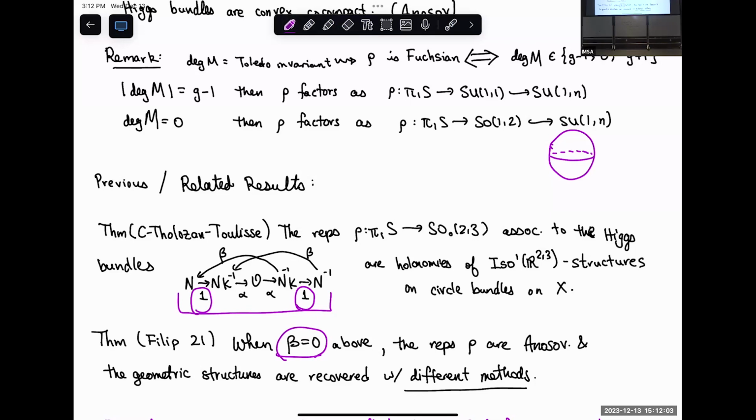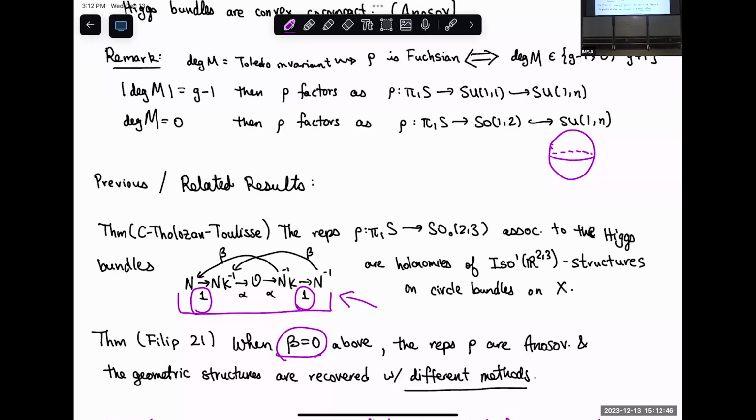So what Filip proved is that when beta equals 0 above, the representations associated to those variations of Hodge structure, those Higgs bundles, did indeed have this Anosov property. And because they have this Anosov property, there's an associated geometric manifold, which comes from this Guichard-Wienhardt construction. And he showed that the geometric structures we constructed up here were exactly the ones that you get from the Guichard-Wienhardt machinery, using the fact that the representation is Anosov.